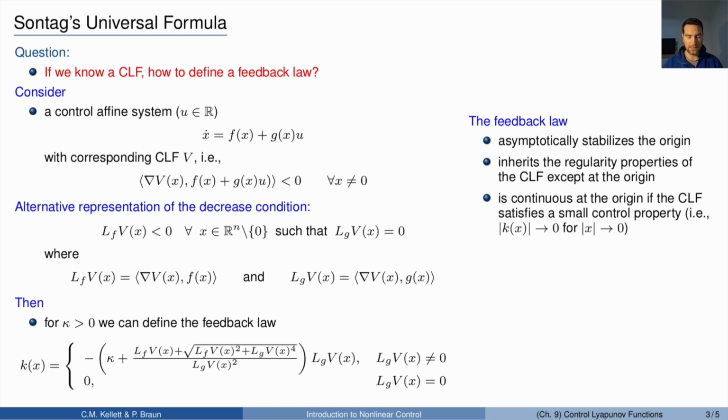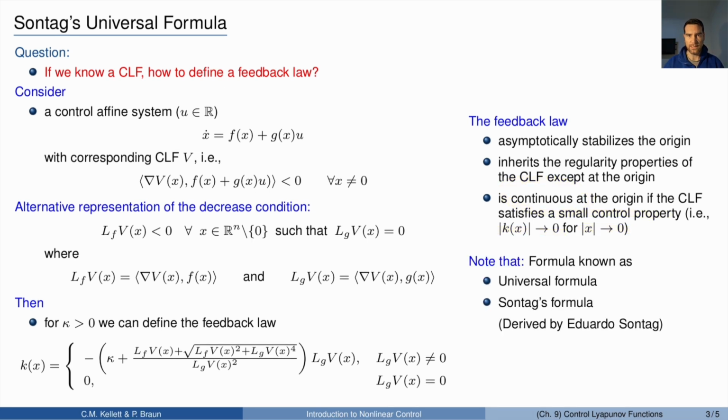And if an additional property is satisfied, this so-called small control property, which means that if x is going to 0, then also the k of x has to go to 0, then we can also make a statement about the continuity properties at the origin.